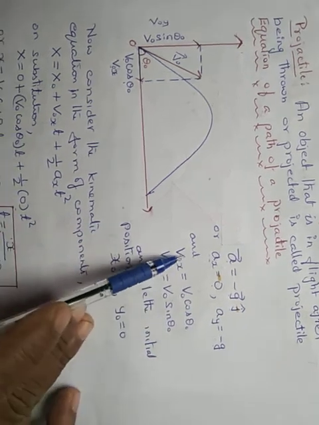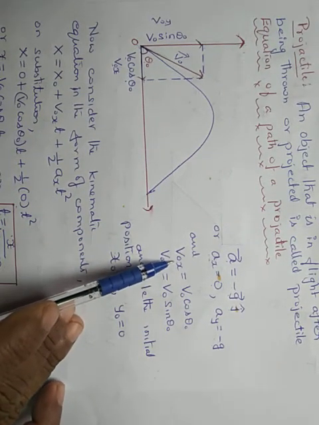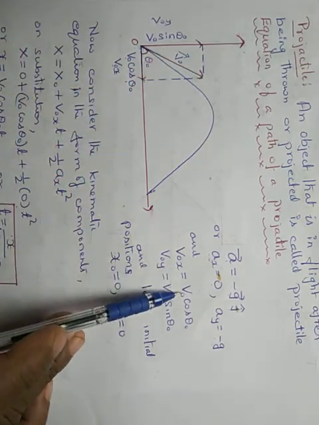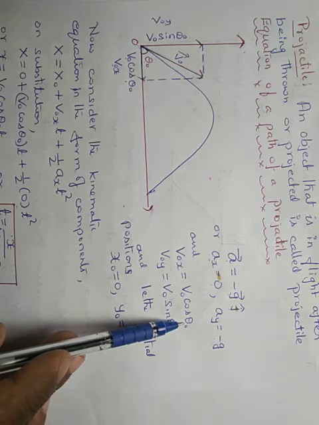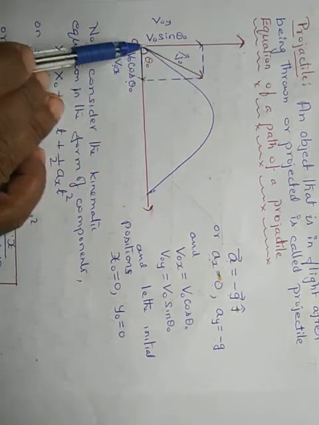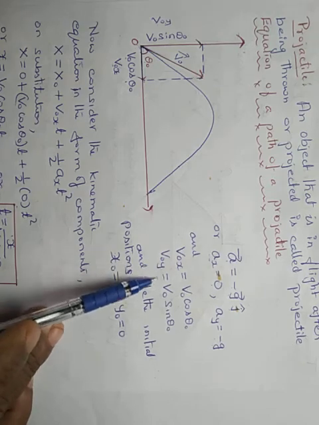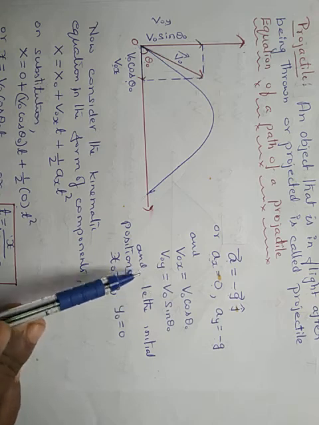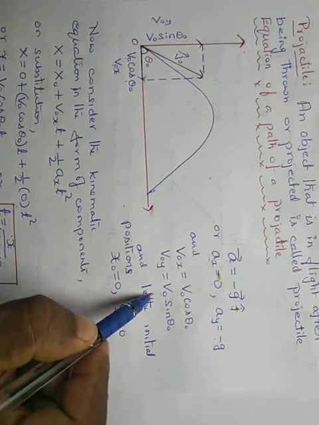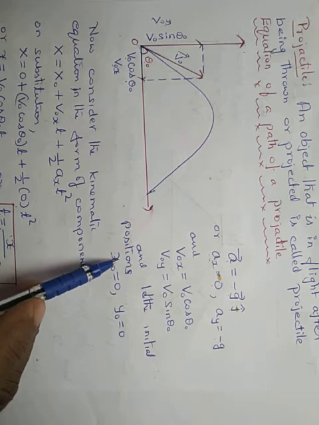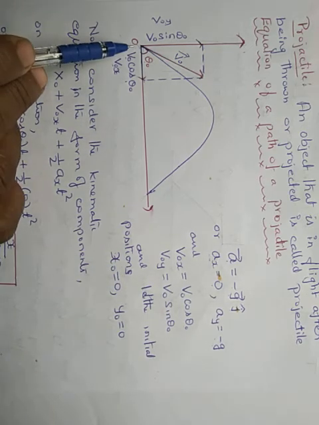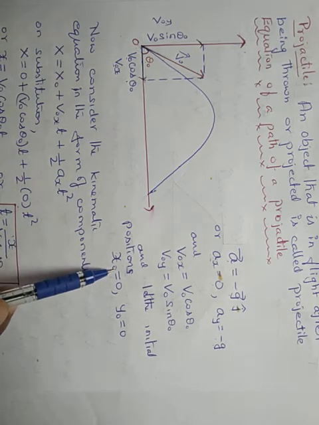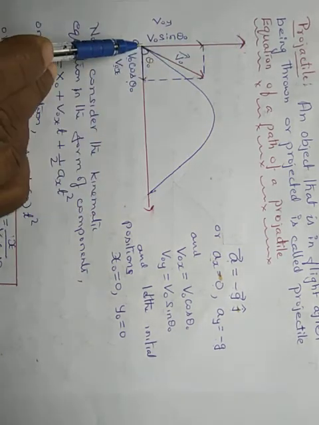The component of V naught along the x axis is V naught x equal to V naught cos theta naught. The component of V naught along the y axis is V naught y equal to V naught sin theta naught. Let us take the initial position at the origin, therefore x naught equal to 0 and y naught equal to 0.